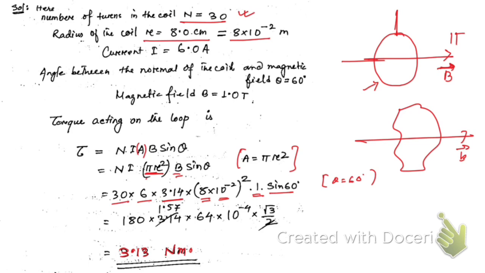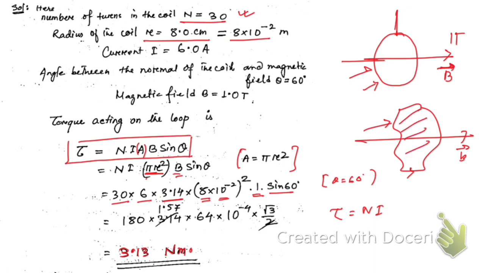Now you see from this expression of torque, this torque depends on the number of turns in the coil. So if the number of turns in this coil and in this coil you keep the same, and both coils carry the same current and are kept in the magnetic field of same strength, and the area of this coil is equal to the area of this coil, then the angle between the normal and the magnetic field remains same.